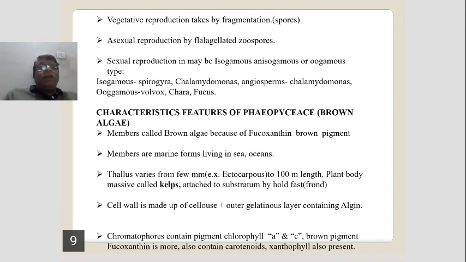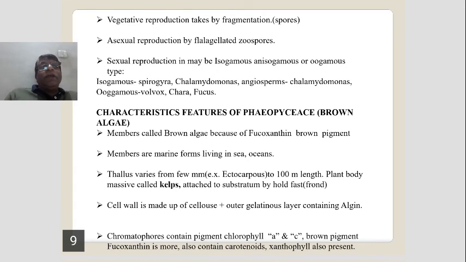Vegetative reproduction, how does it take place? It occurs by fragmentation. If the filamentous body is cut into many pieces, each piece develops into a new plant body. That is vegetative reproduction, a very simple type.